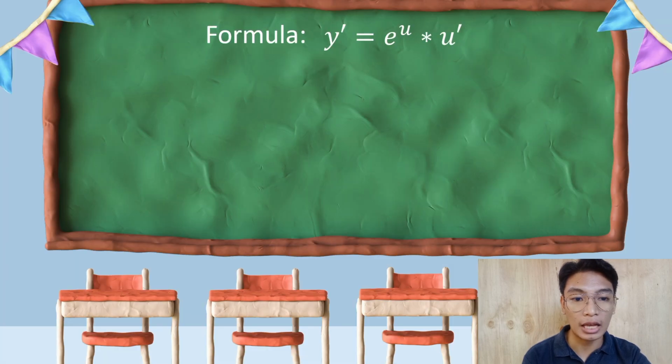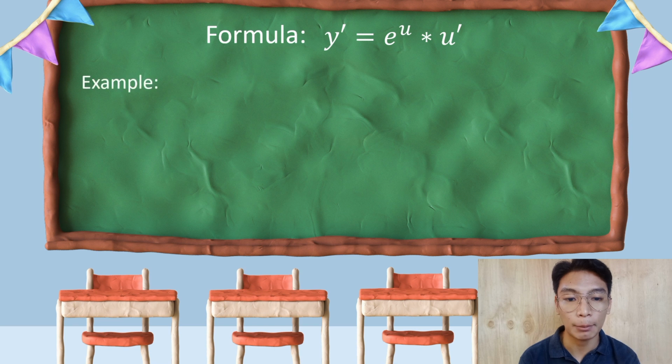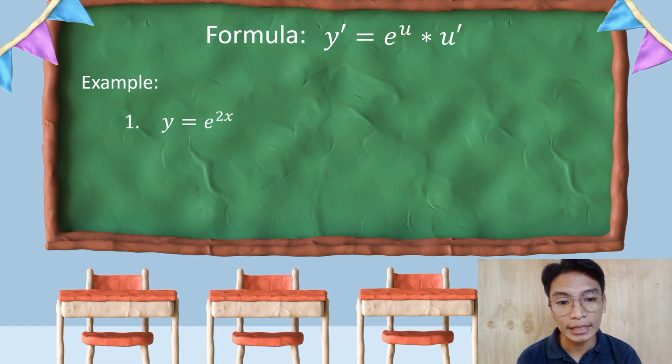For this formula, we are going to have an example. Example number 1: we have the function y equals e raised to 2x. To follow the formula, we copy the value of y, and we get the derivative of the raised number, which is 2x.